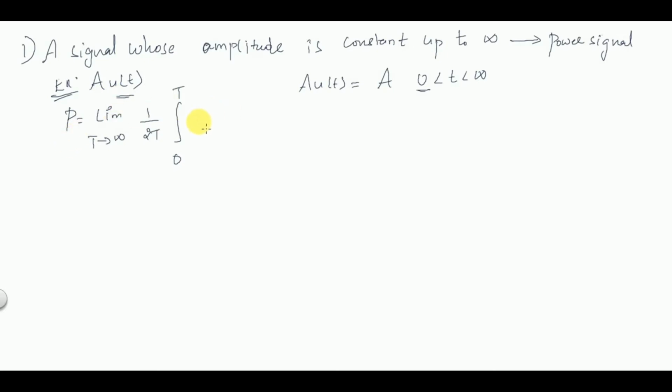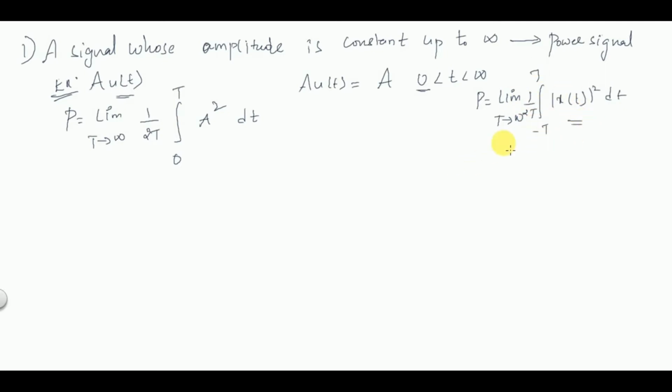So 0 to T, mod x of t whole square dt. Actual formula is minus T to T, and 1 by 2T will also be there.